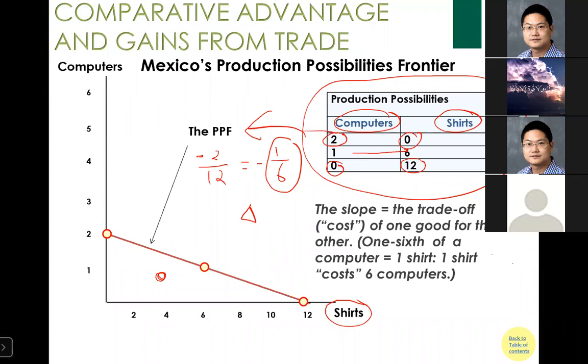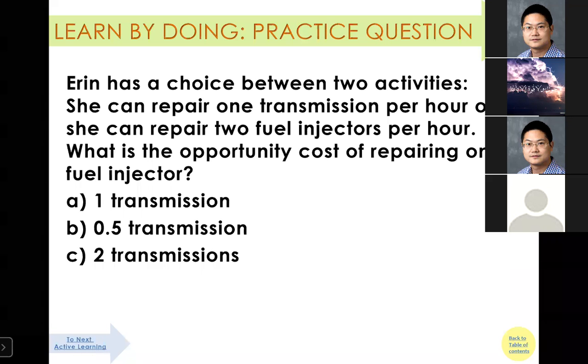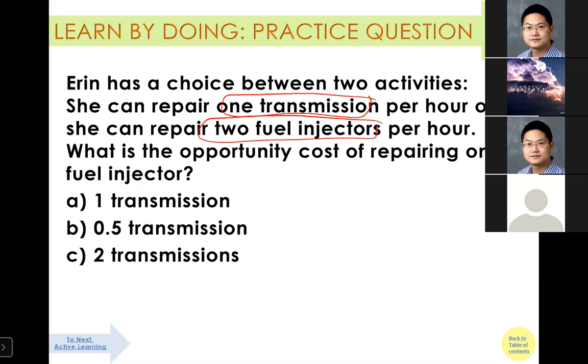Now we move to a practice question. Learning by doing. Let me read this for you. Aaron has a choice between 2 activities. She can repair 1 transmission per hour, or she can repair 2 fuel injectors per hour.